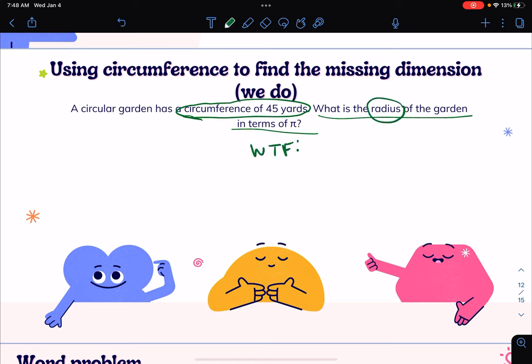We want to know in terms of radius, so that means we're using C equals 2 pi r. Now we're going to substitute. It gives us 45 yards. That's our circumference. 2 pi r. We want to know the radius.